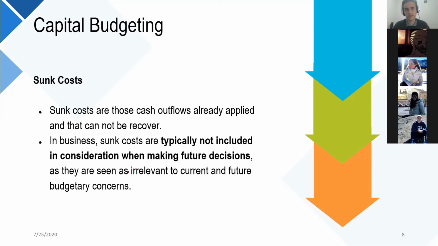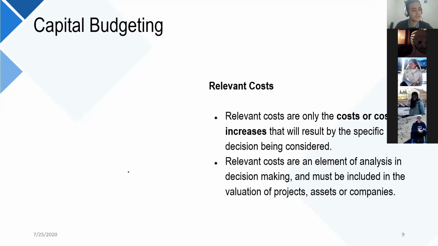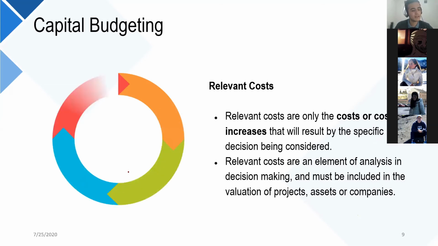Also, when you do analysis, try not to take sunk costs into consideration. Sunk costs are not the same as relevant costs. Relevant costs are the future costs you incur when you take a business decision inside an investment. When you say, I'm going to do this instead of this, and that increases some of the costs, those costs should be taken into consideration as an investment or an increase in working capital inside the business.